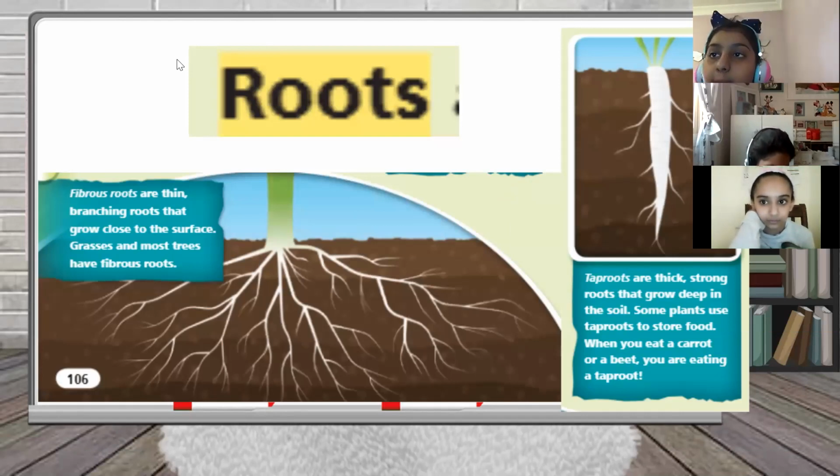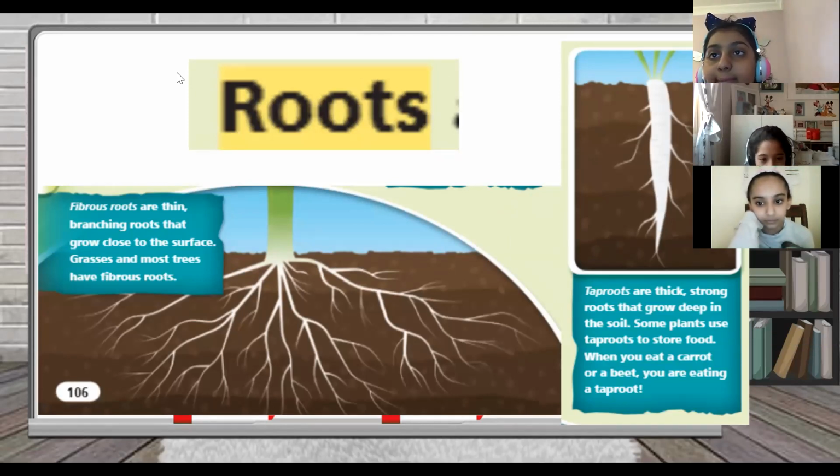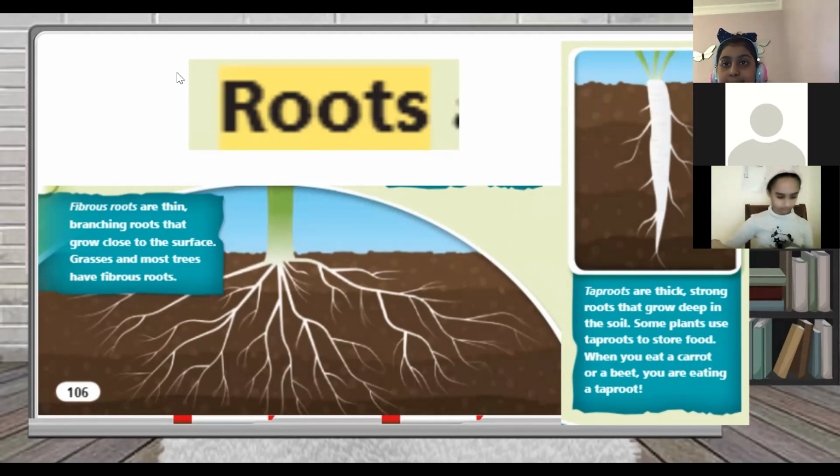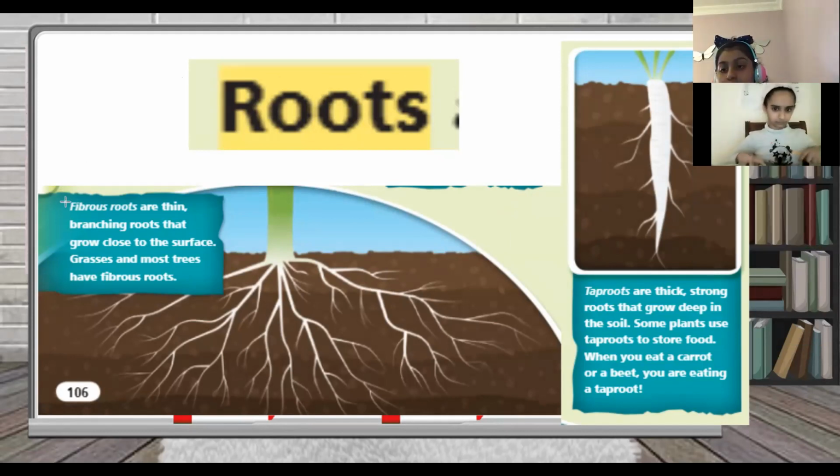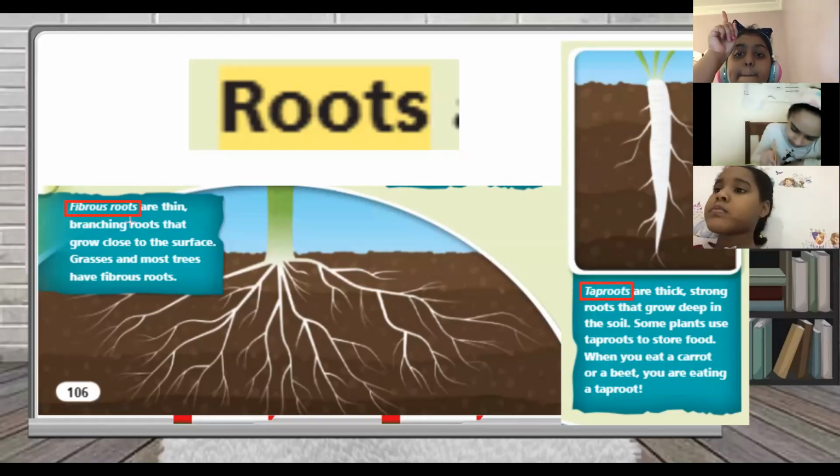Can you go to page 106 with me and underline, please? So we have two types of roots, fibrous roots and tap roots. What do I mean by fibrous and tap roots?